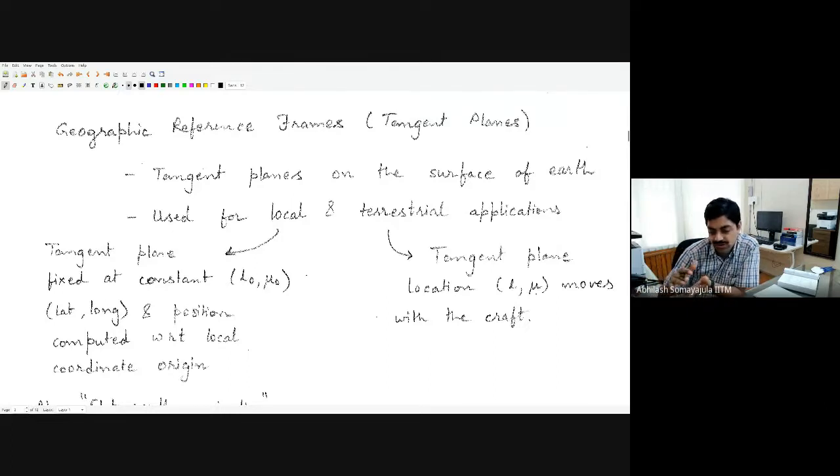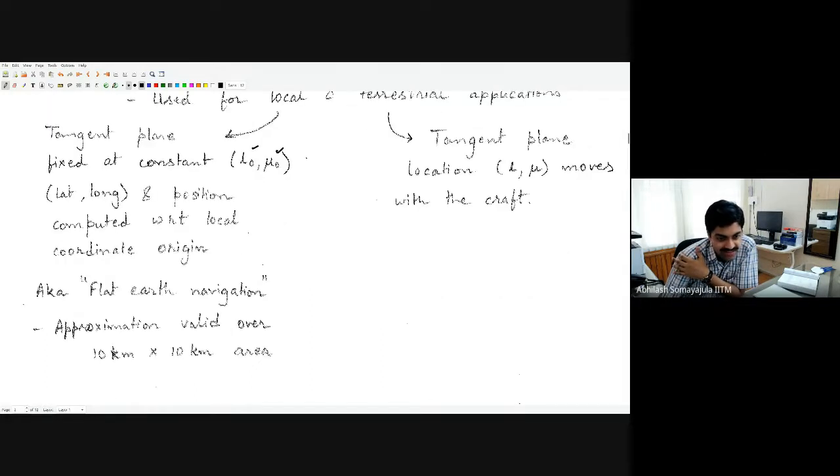But when your navigation is restricted to a space locally close to a certain longitude and latitude, which here I'm calling L0 and mu 0, then I can get away with what is called a local navigation frame. This local navigation frame is also known as the flat Earth navigation system.